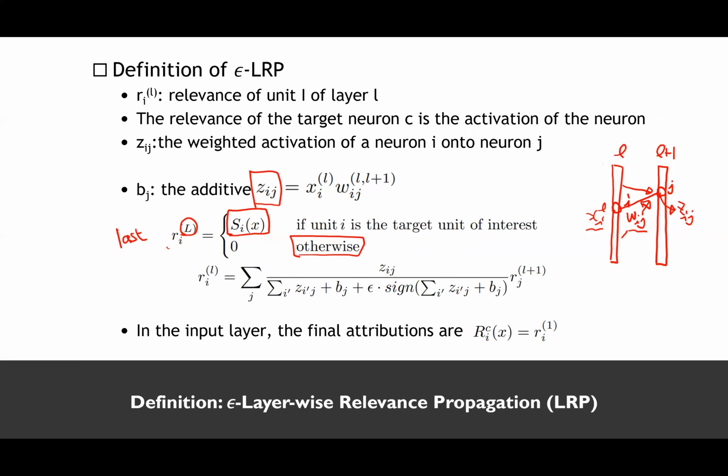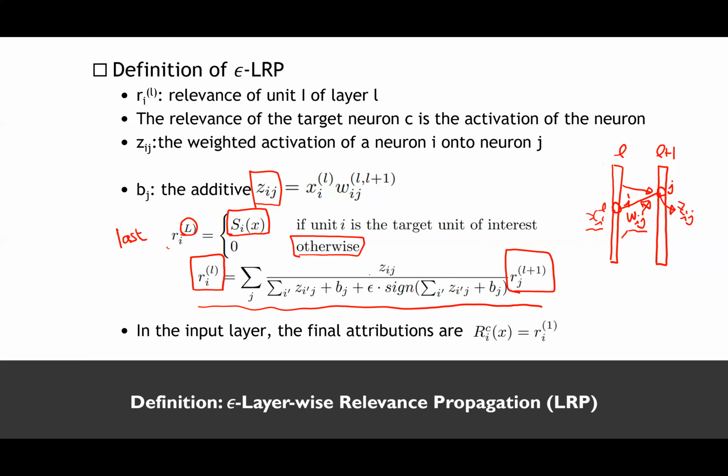So this is for the garden snake: the garden snake will have its score, and the other classes will not have a score value. Then this will be propagated back with this rule. This is the relevance score that we get in the next layer, and this is the relevance score that we compute in the current layer.